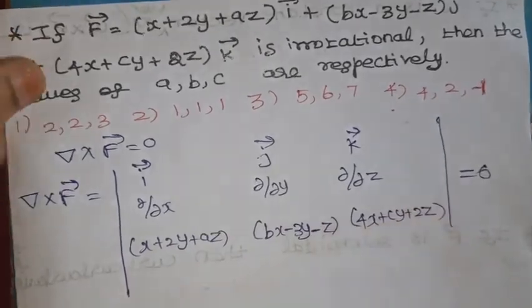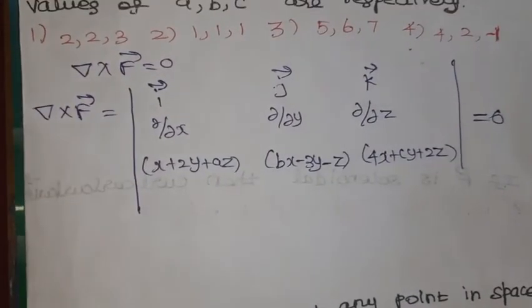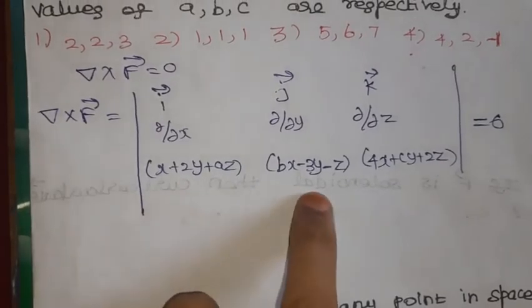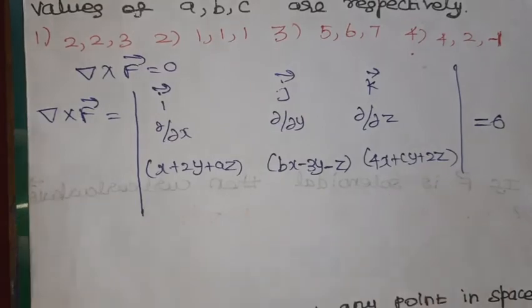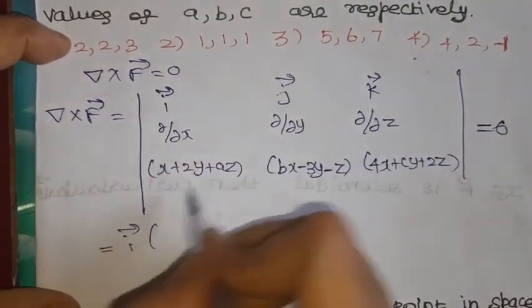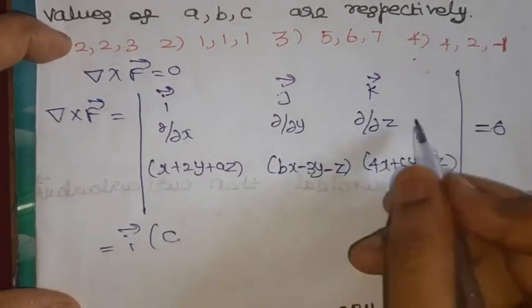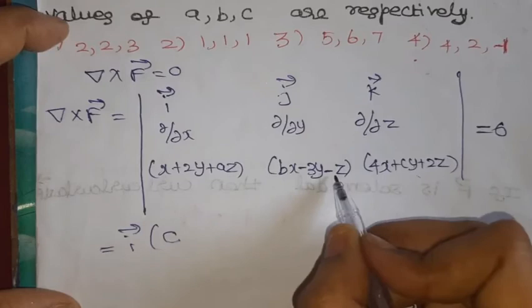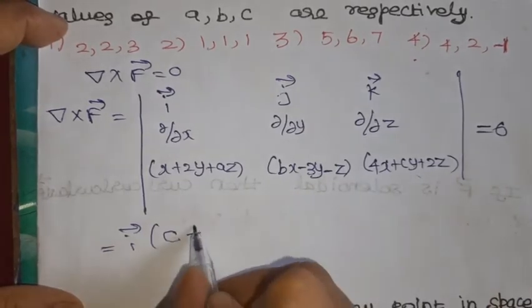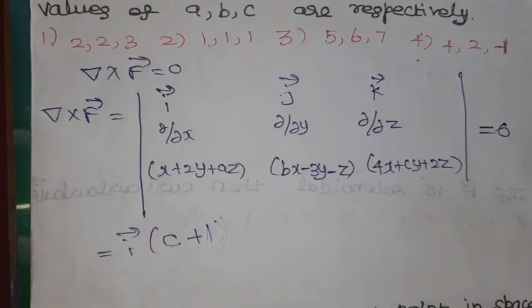Equate to 0. Okay, just expand this and then equate to 0, we can find the constants. Okay, simple. Expand this. i into ∂/∂y of this, so c minus ∂/∂z of the second term, which is minus 1. So already 1 minus plus. Okay, it's a minute.